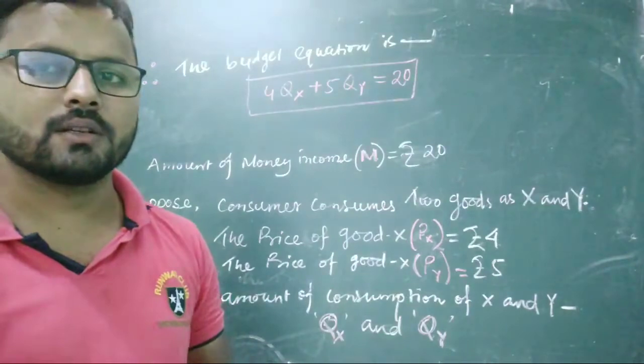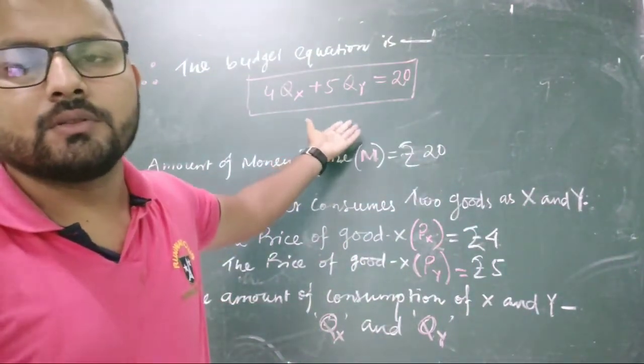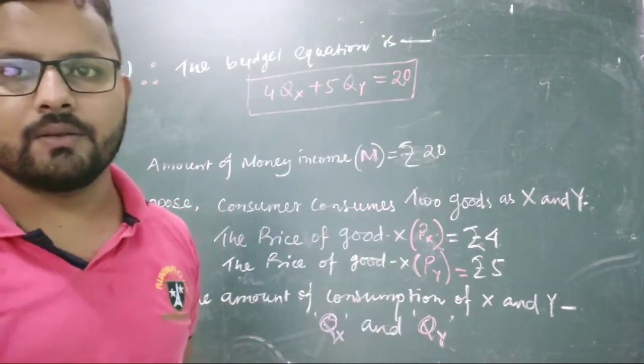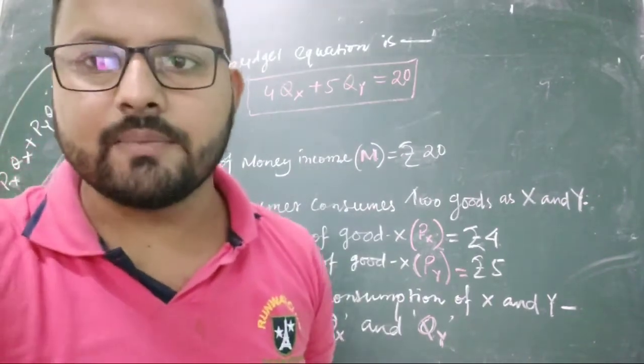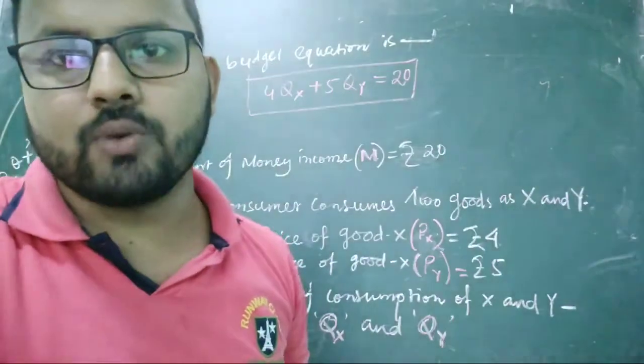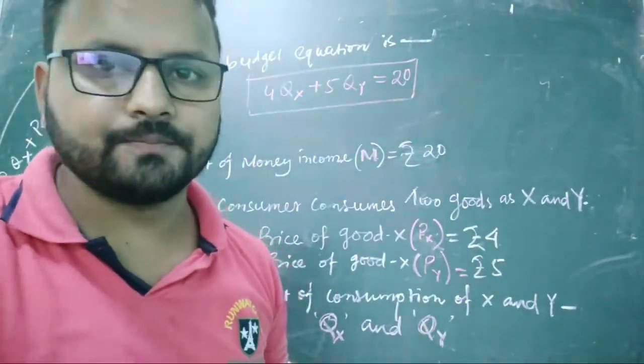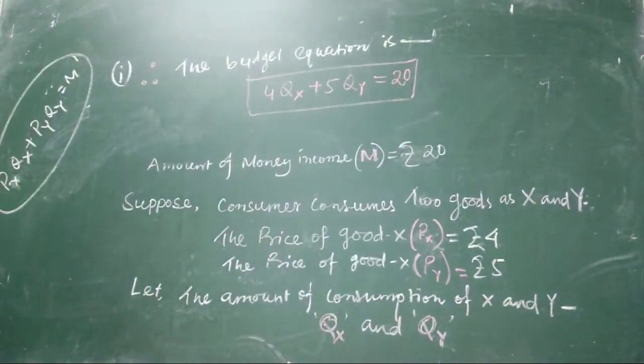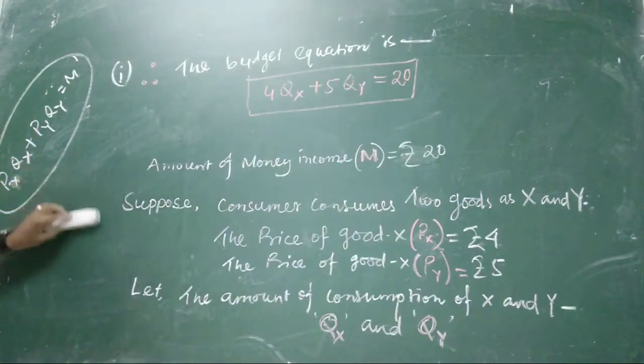We can calculate it by following this equation. What is the budget equation for this particular problem? 4Qx plus 5Qy is equal to 20. So firstly you note this down.